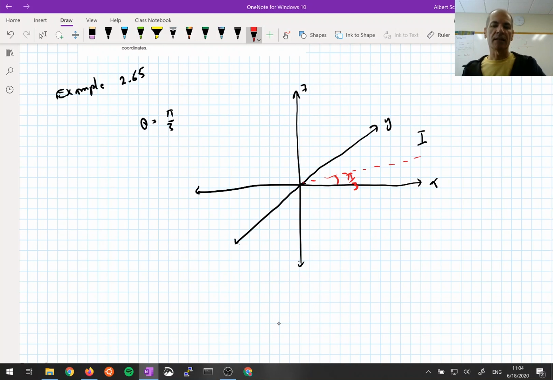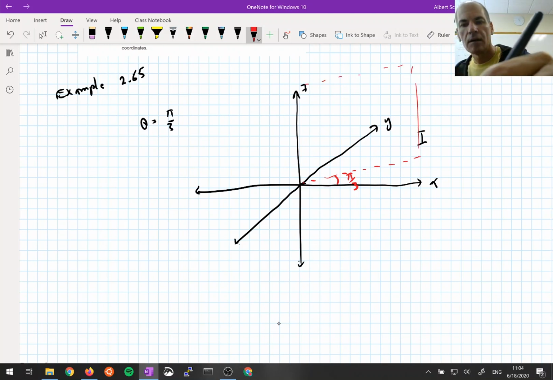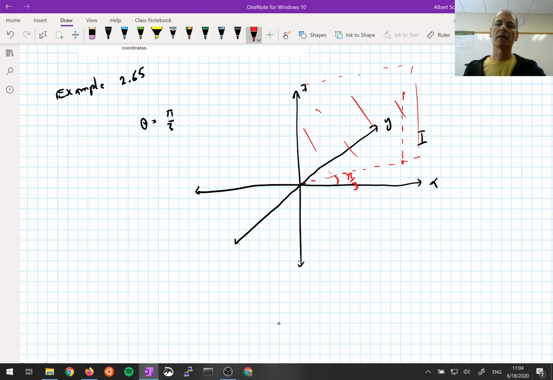Rho can be anything. Think about the plane that extends up above this ray going in the direction pi over 3. Any point on that plane is going to project down onto this ray, and therefore its theta coordinate is going to be pi over 3. So rho really can be anything, right?